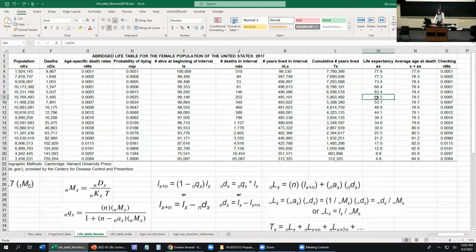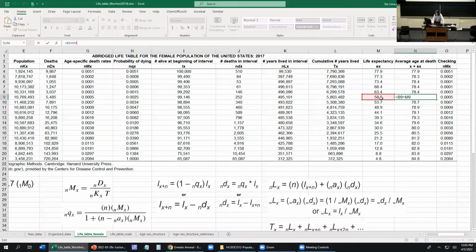This 58.5 means that for people who reached age 20, considering this data here, they will live on average an additional 58.5 years. That means that they will live overall 78.5 years on average.